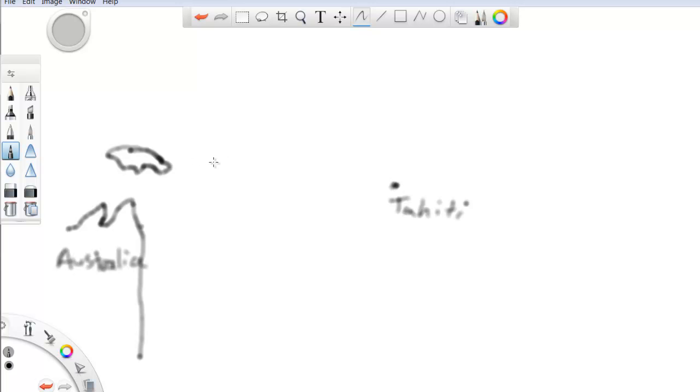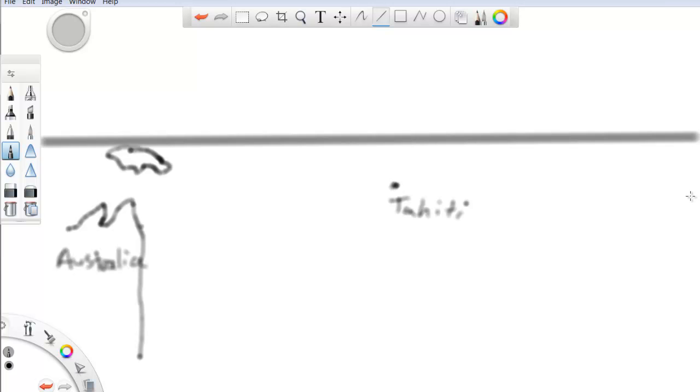And then we have this very important line of latitude called the equator. And of course over here we have North America and South America.